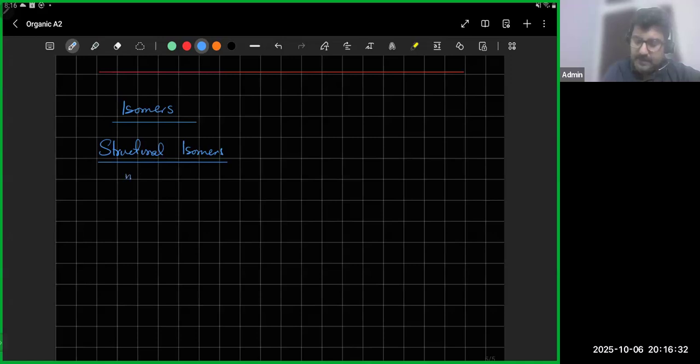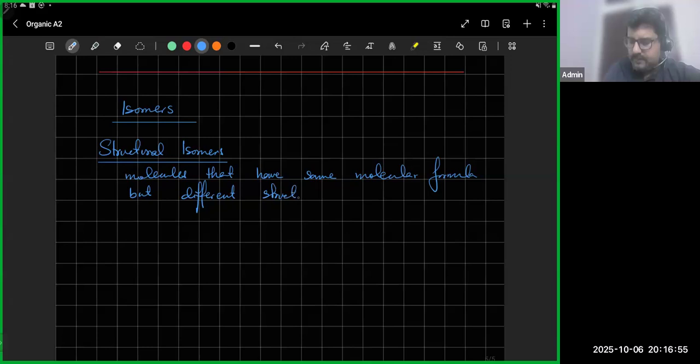That they are molecules that have the same molecular formula, but different structural formulas. So not going to go into details about this, but you should know that. I mean, you should have some idea about general formulas. There are three types of structural isomers.